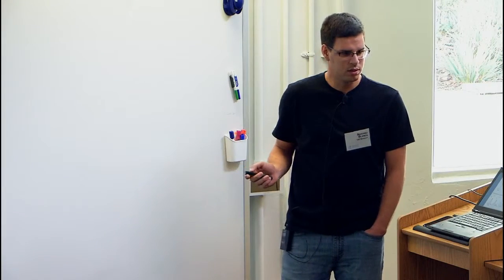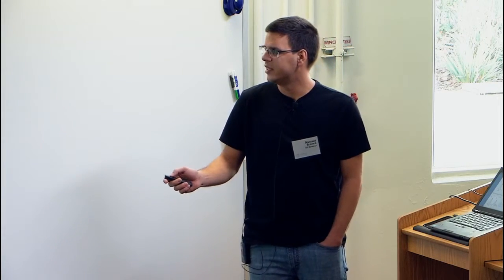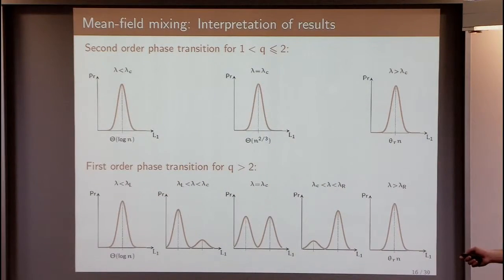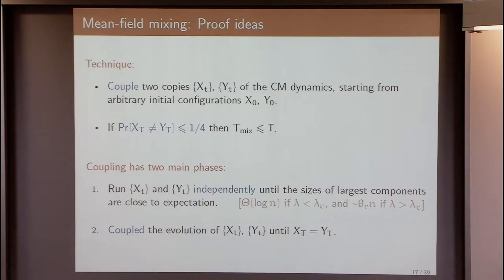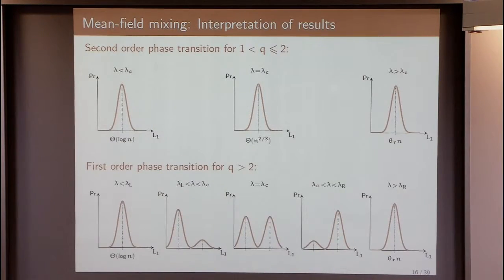So what is the difference between those three? It's just where the mean is? Where the mean is. Yeah, sorry. What about Q equals 2 and lambda equals lambda c? Yes, the behavior is much more complicated exactly at the Q equals 2 case.